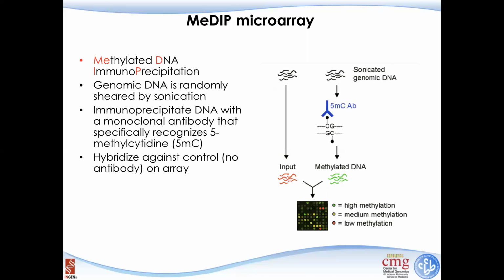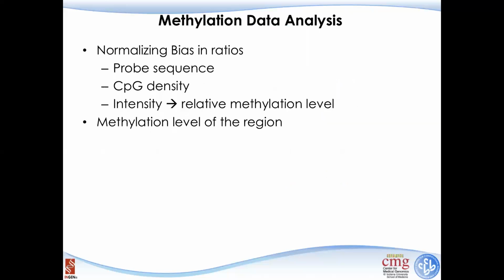Then we use the antibody, IP DNA with a monoclonal antibody that will recognize the 5mC. Then pick up those methylated ones. Then we label them with different colors. Then hybridize it or sequence it to try to see how much of that.